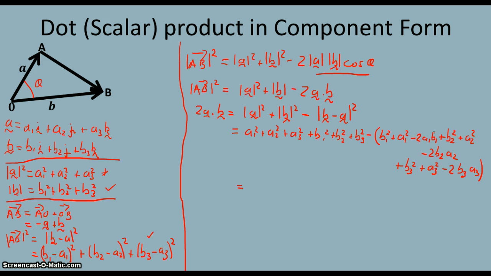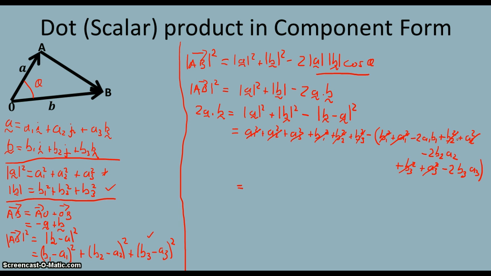Collecting like terms and expanding out here, we can see A1 squared take away A1 squared, A2 squared take away A2 squared, A3 squared take away A3 squared, B1 squared take away B1 squared, B2 squared take away B2 squared, and B3 squared take away B3 squared.